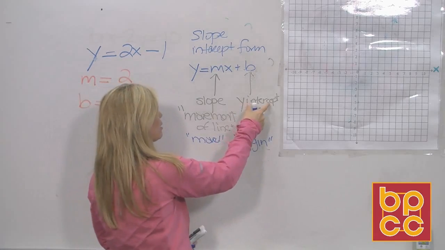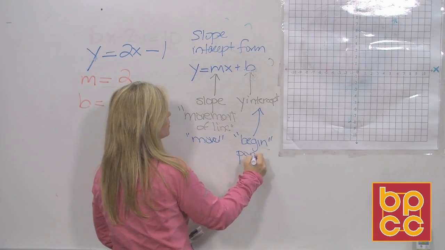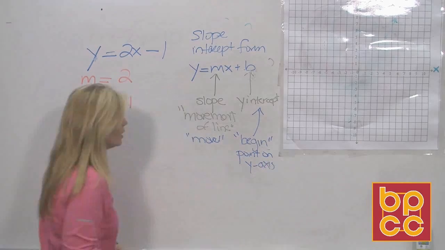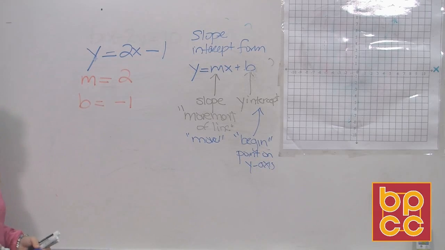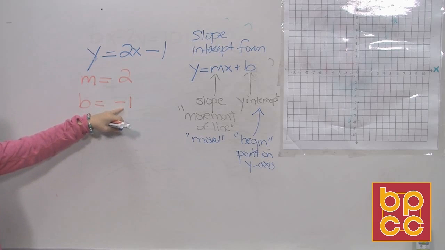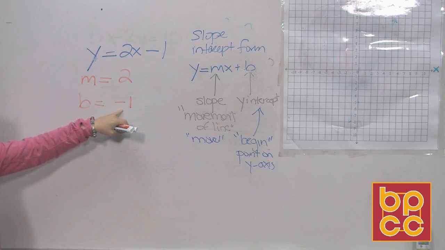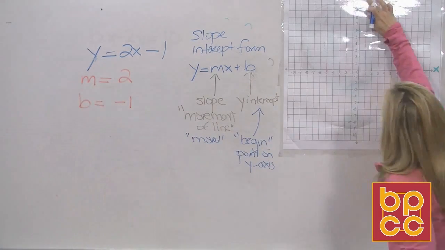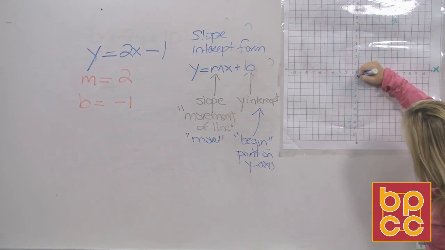So the y-intercept is a point on the y-axis. So everybody look here. What is your b value? It's -1. That is your y-intercept. You will go to the y-axis to -1 and put a point. Okay? Here's the y-axis. Here's -1.